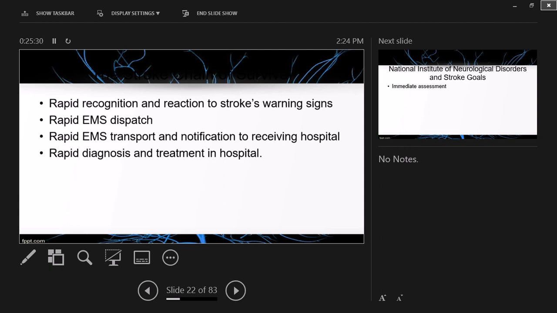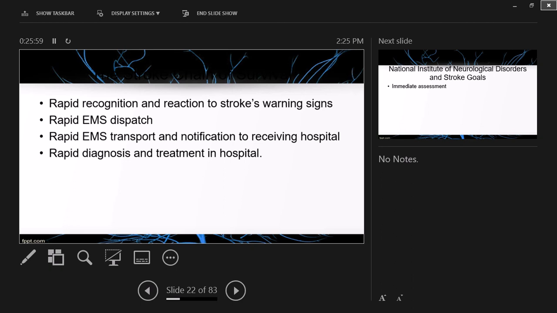When you're teaching, make sure you're telling your patients, bless you, don't load your loved one up and drive them to the hospital, because if the worst case scenario happens and your patient starts having an airway problem or goes into cardiac arrest, it's much easier to find a stationary house than a mobile vehicle. So have them call 911, get everything out of the way, and wait for 911 to get there.